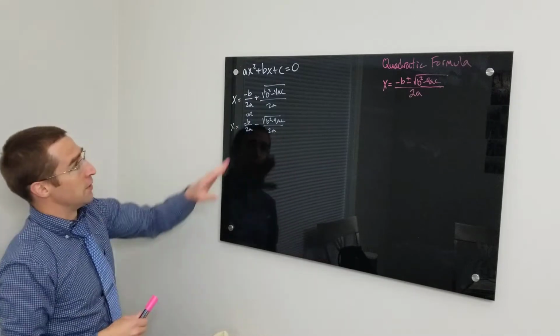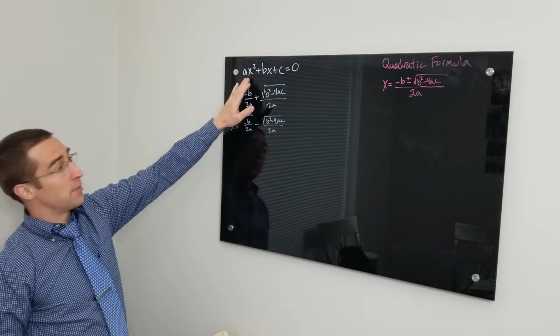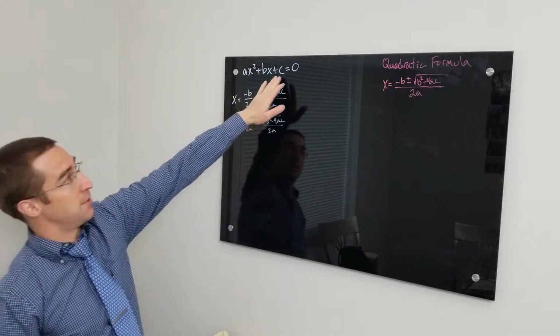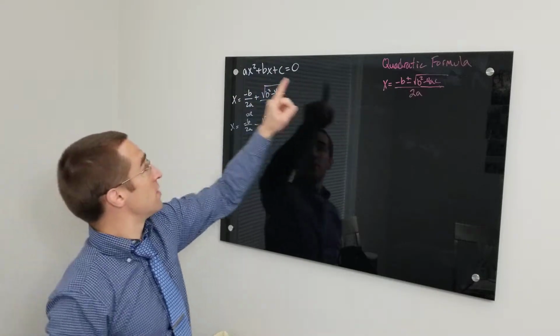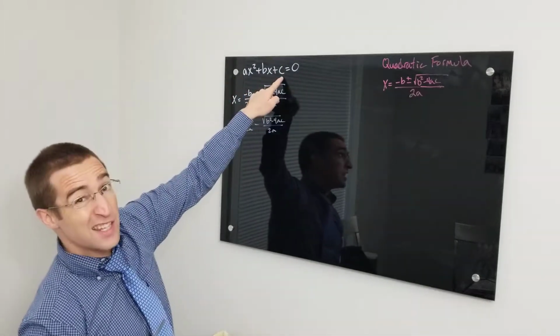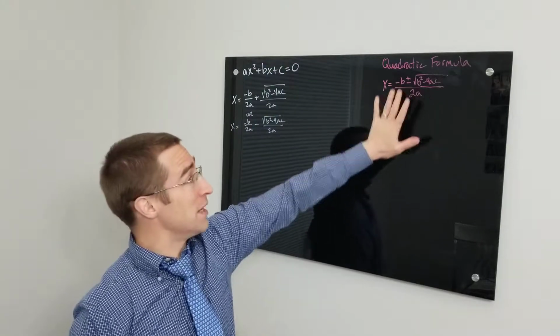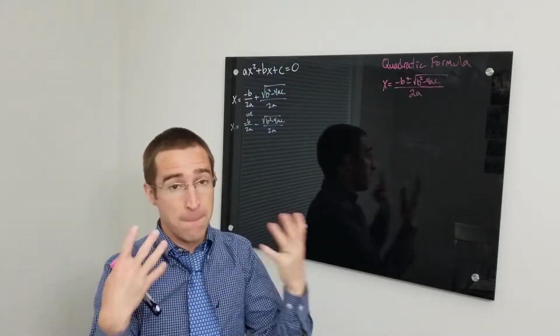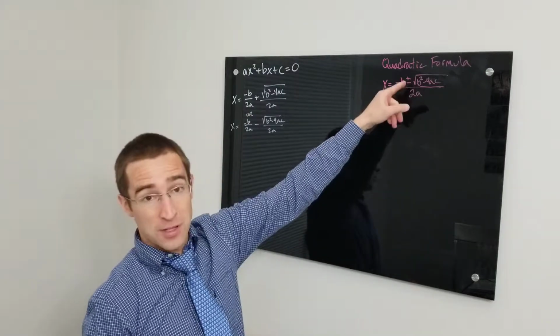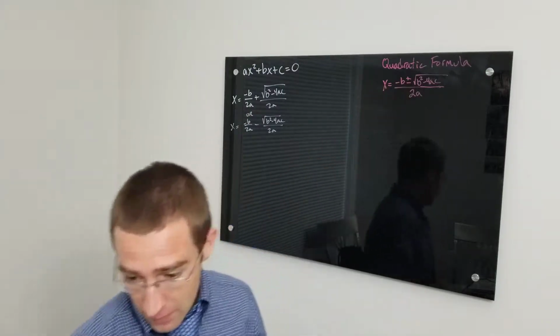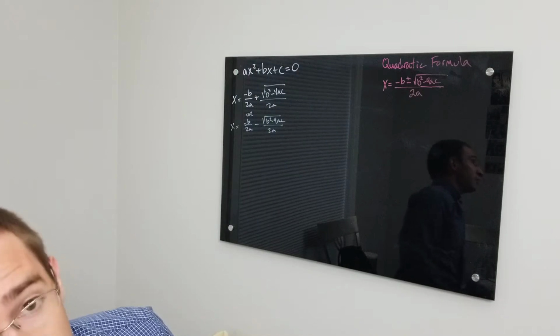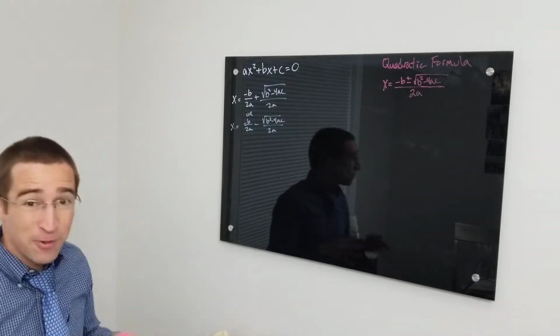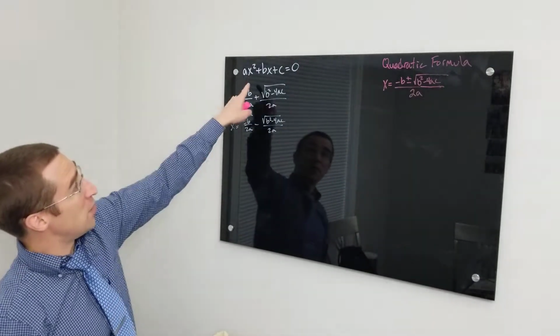Okay, so anytime you get an equation like this, some number times x squared plus some number times x plus some number equals 0, you can just say what's the a number, b number, and c number, and replace them in this quadratic formula, simplify it, do the algebra, boom, you'll get your 2 answers from that plus or minus. Okay, and this will always give you your solutions. Every time, that's the awesome part. But it's always got to come from that.